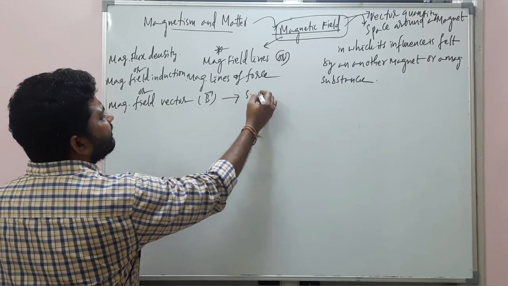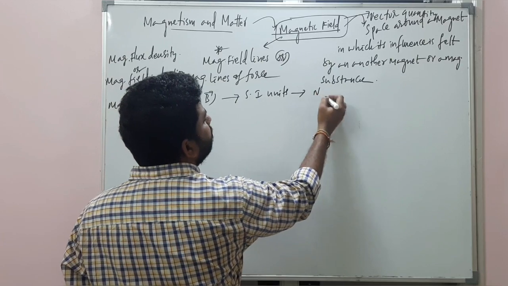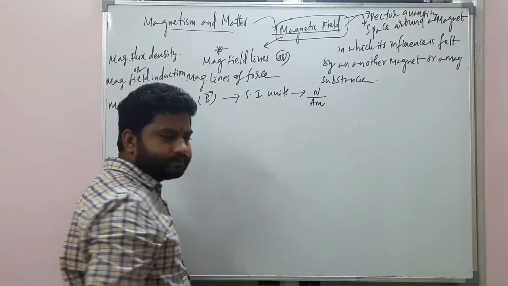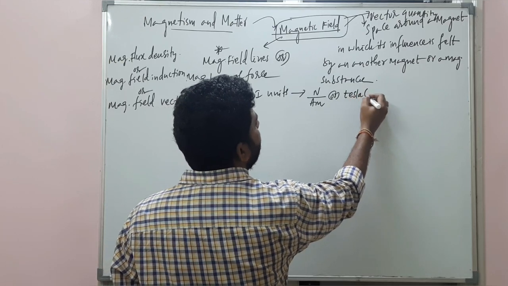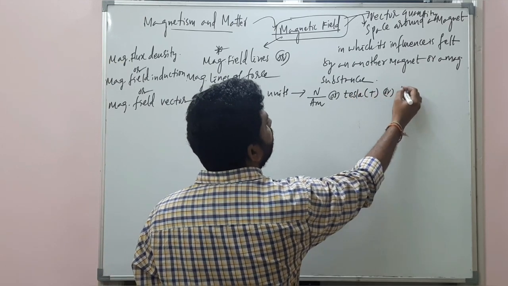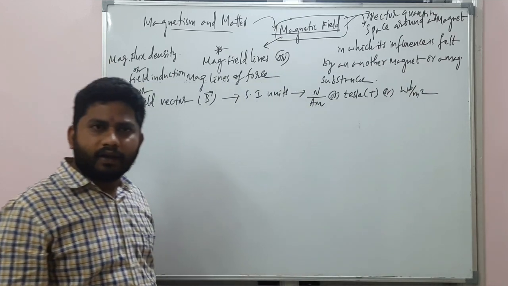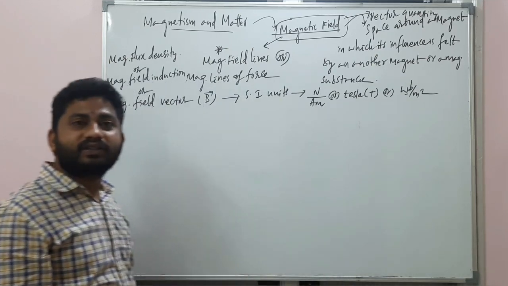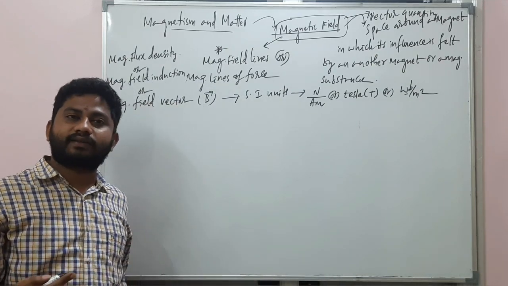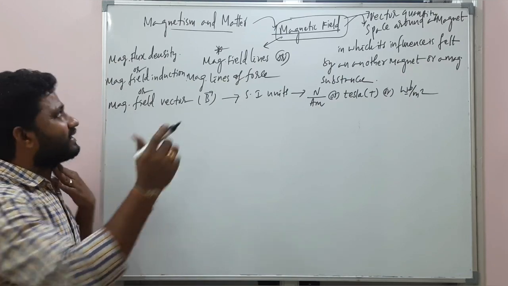And its SI units I'm writing here. The SI units are like this: Newton per ampere meter, or Tesla, or Weber per meter square. Weber is the unit of what? Magnetic flux. About the magnetic flux also we will be discussing in today's session only.